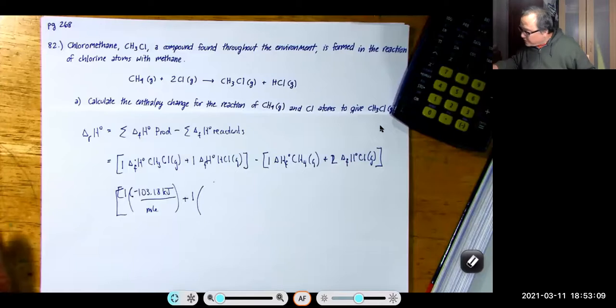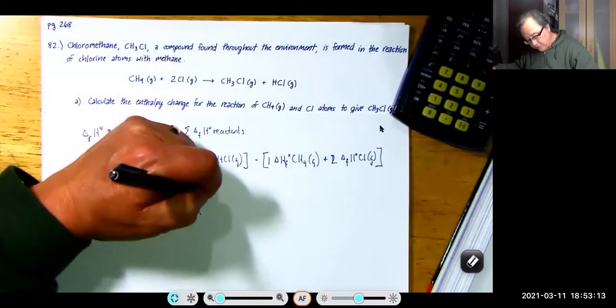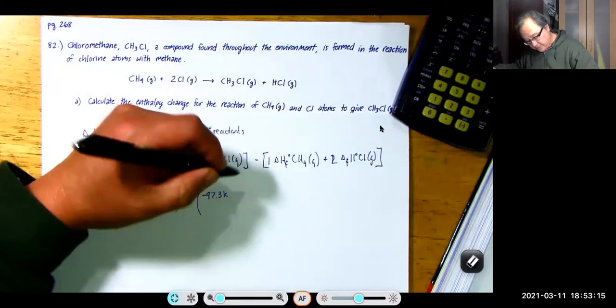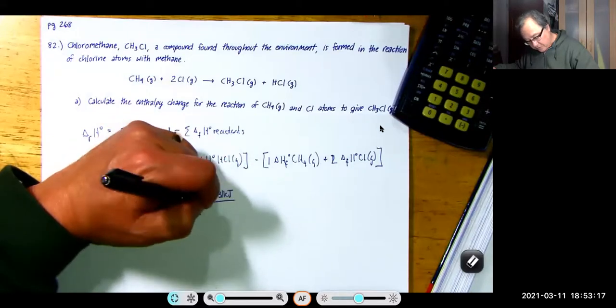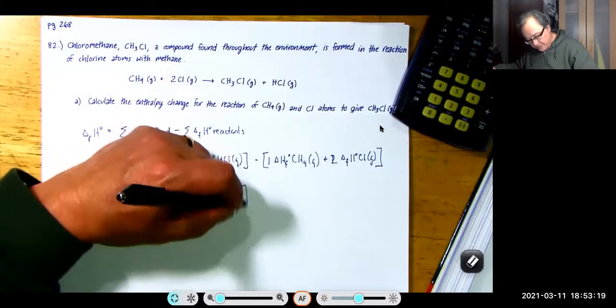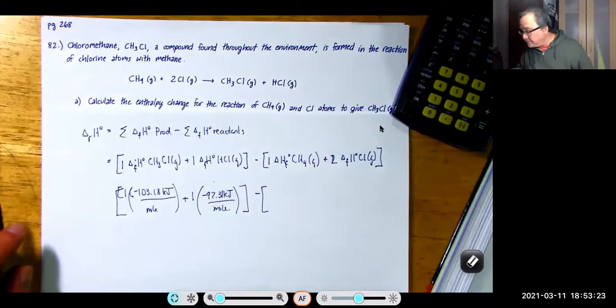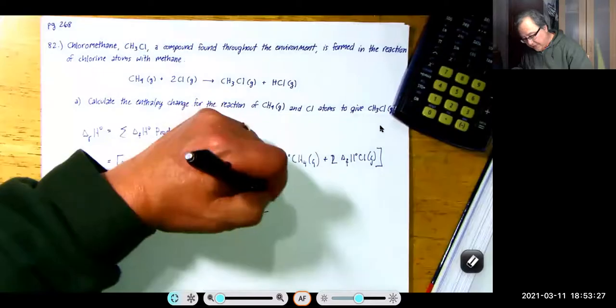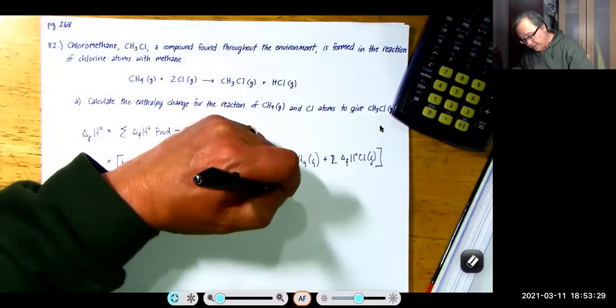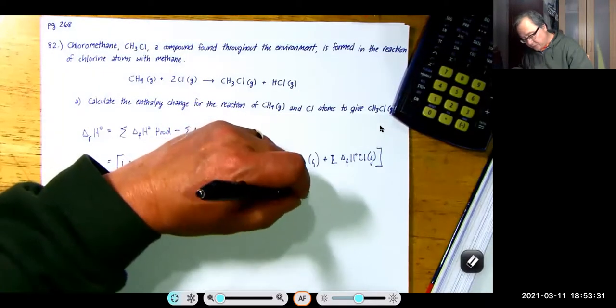Oh, there it is. They put it under chlorine. So minus 92.31 kilojoules per mole, minus CH4. So CH4 is 1 times negative 74.87 kilojoules per mole.